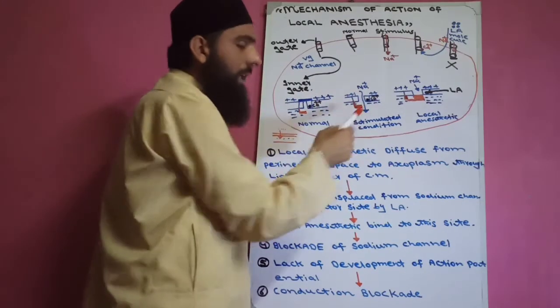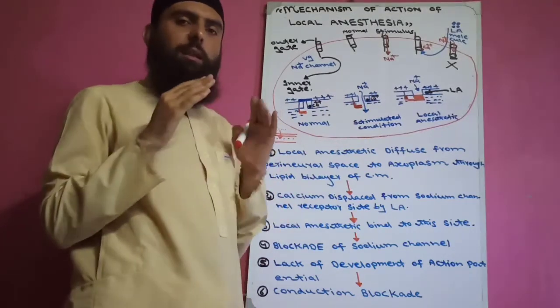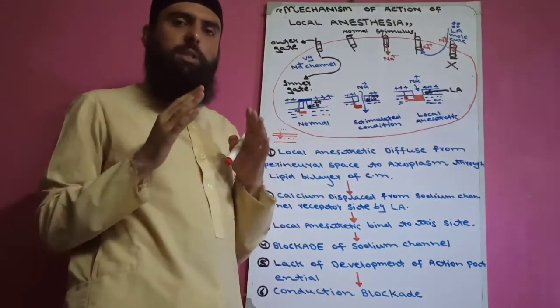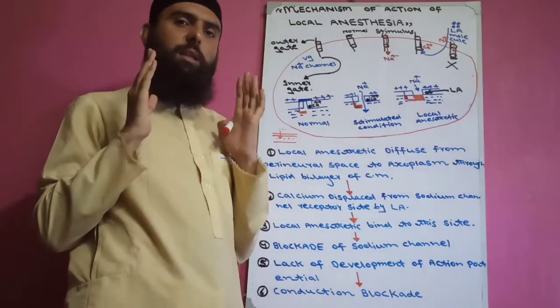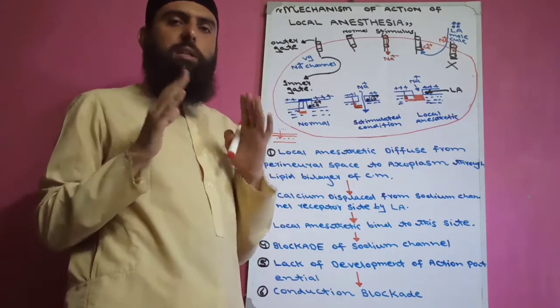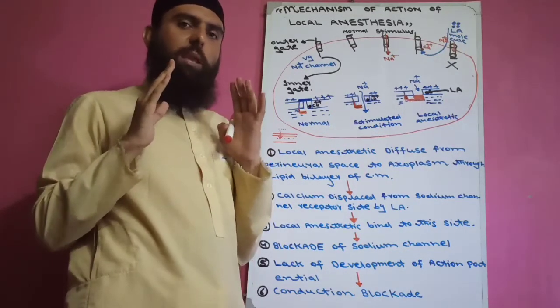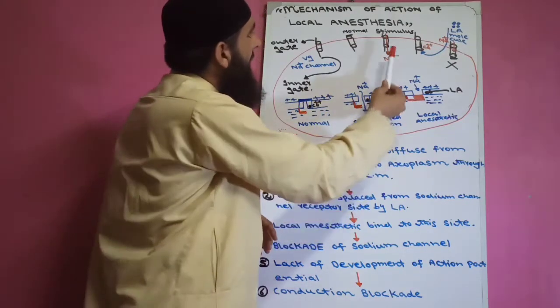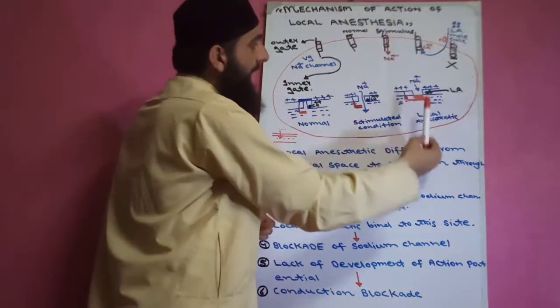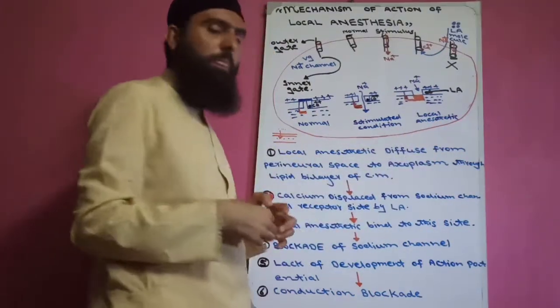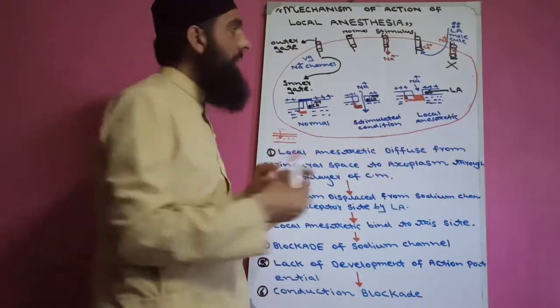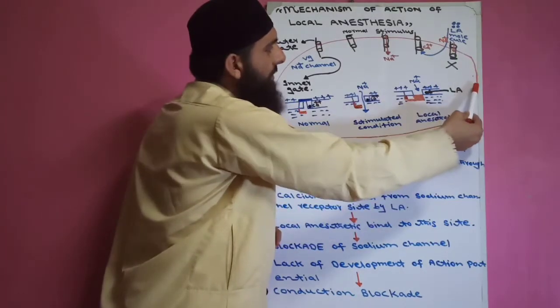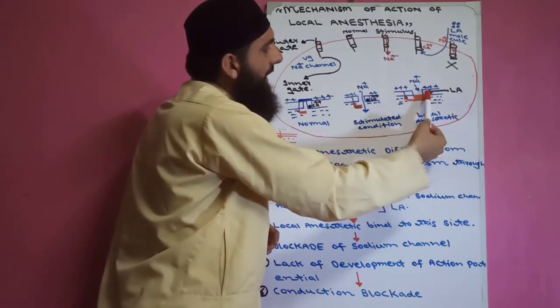There will be depolarization, then action potential, then impulse generation, then impulse conduction, and as a result there will be pain. But in the case of local anesthetic, when we inject it, the local anesthetic diffuses through the cell membrane and comes to the receptor site.